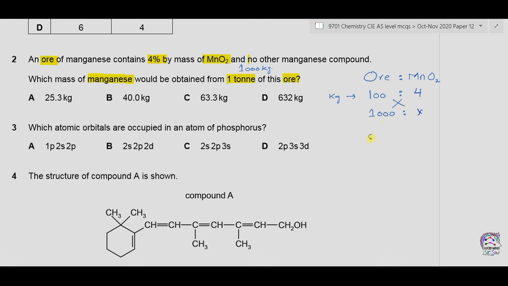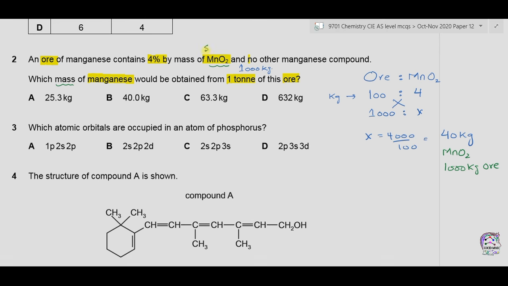Let's find the amount of MnO2 in 1000 kg of ore. We can cross multiply. X will be equal to 4000 divided by 100, which equals 40 kilograms. So we have 40 kilograms of MnO2 in 1000 kilograms of ore. In the second step, we can find the mass of manganese in MnO2.